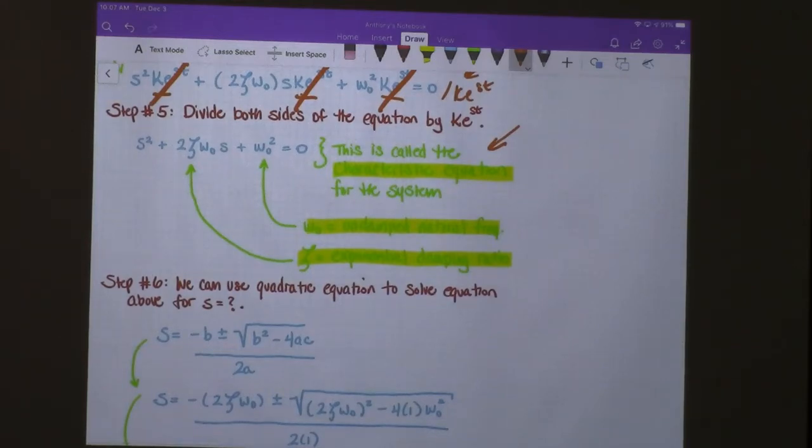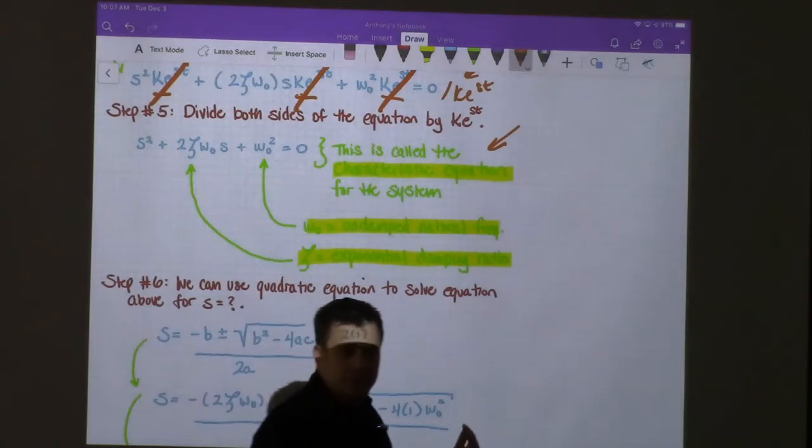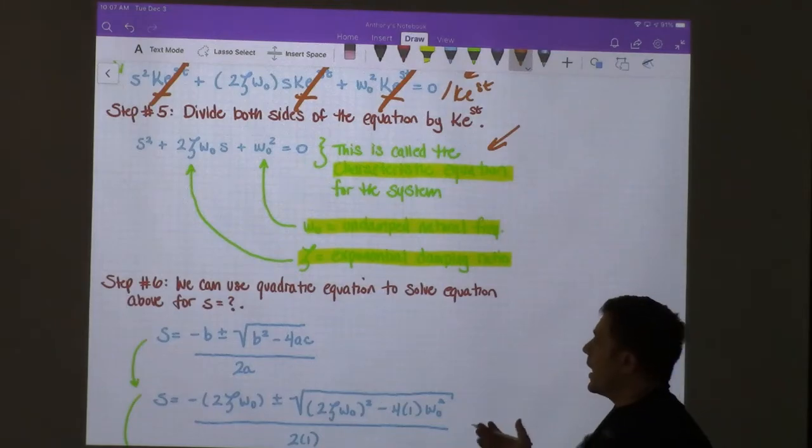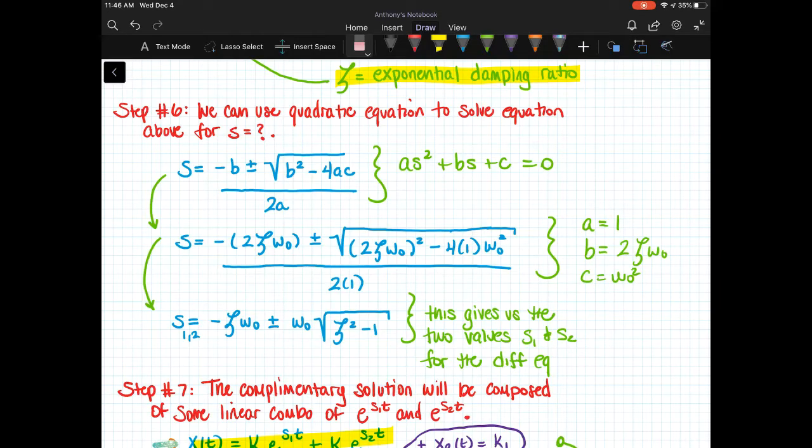Now that we have our characteristic equation, you can see this is a second order polynomial, right? It's the same as x squared plus 4x plus 4. So the next step in this process, step number 6, is to see if we can use the quadratic equation to solve the characteristic equation above for the value of s. And so what we see right here is our quadratic equation, which can be used to solve something in the form of as squared plus bs plus c.